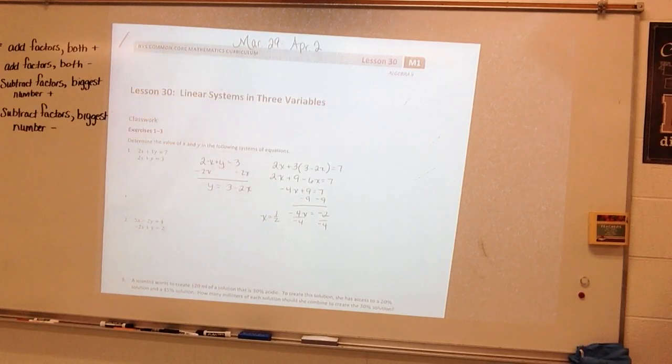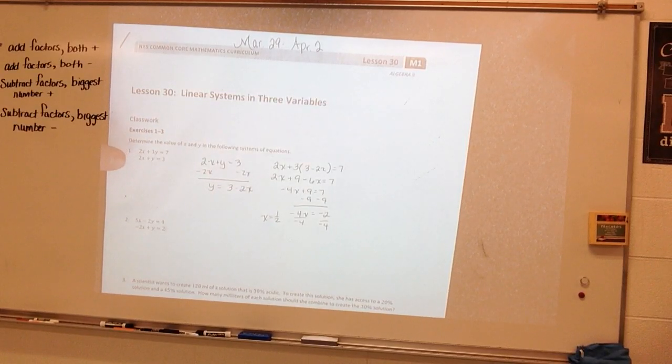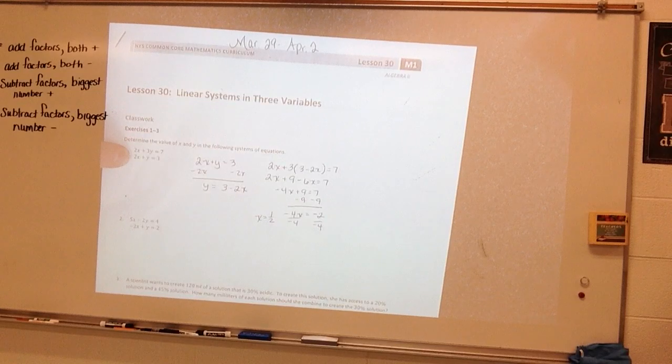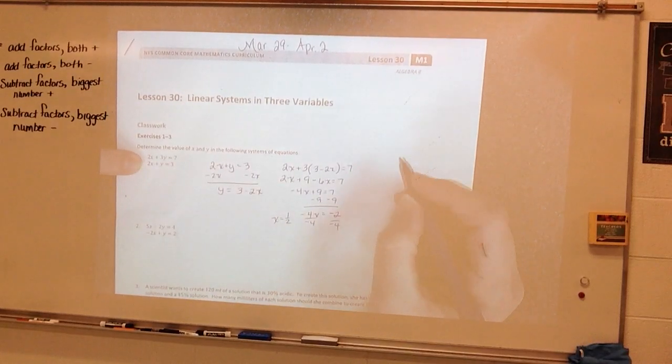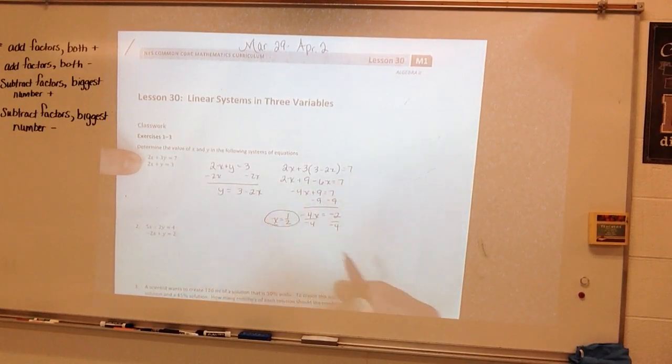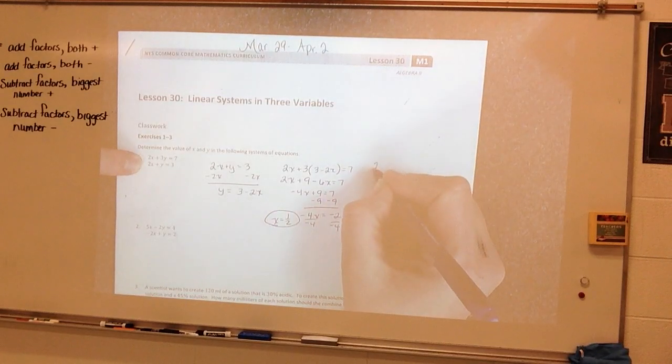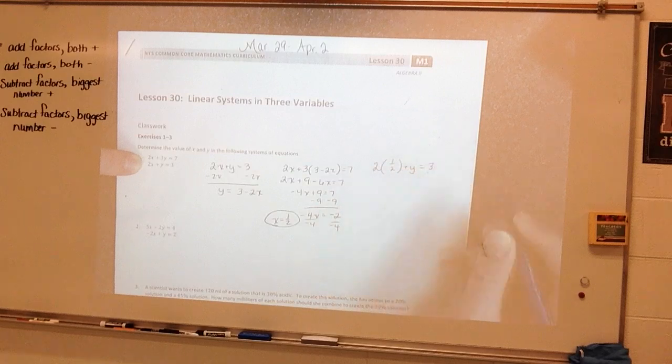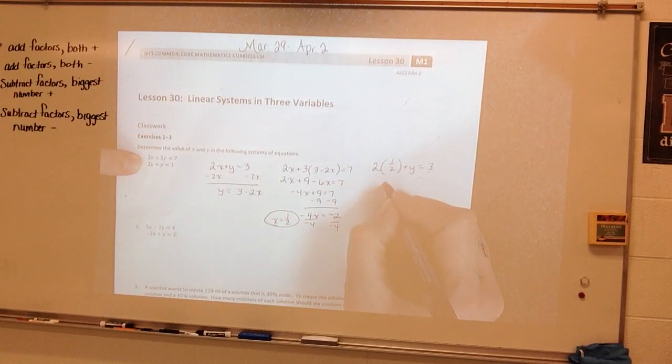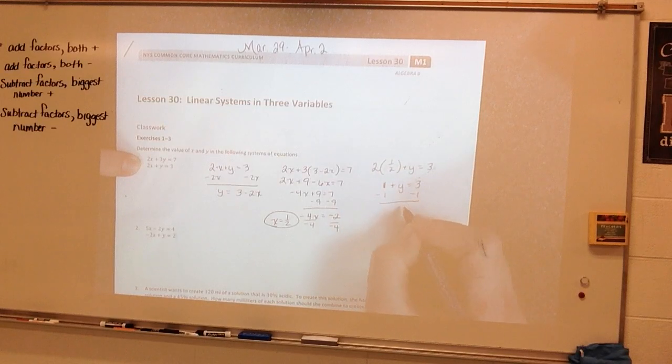Now that I know what x is equal to, I can go ahead and plug that back in. It does not matter what equation you plug it back into. So I would plug it back into this one. So 2 times 1/2 is 1, plus y is equal to 3. Subtract your 1, and y is equal to 2.